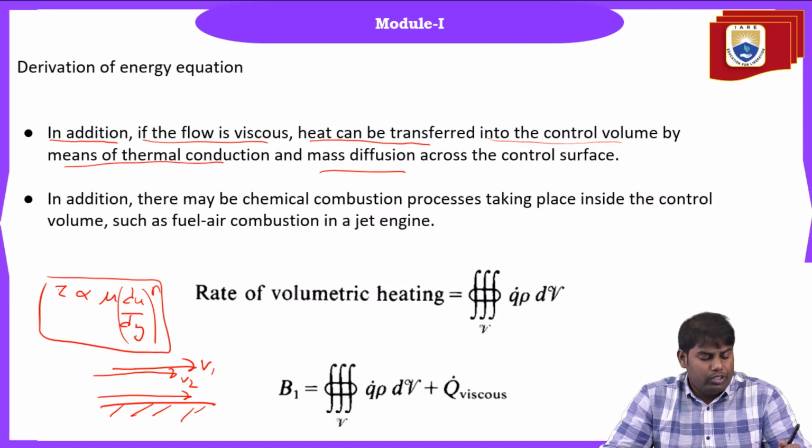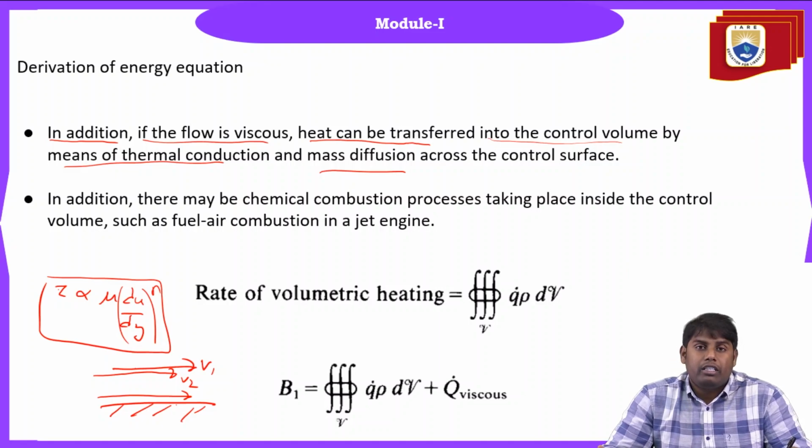So what is the viscosity effect? The flow is interacting with the surface, and because of the adhesive and cohesive nature, there is a change in temperature, pressure or velocity.